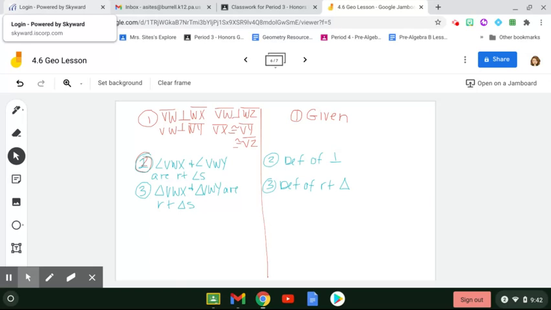Okay, so the next thing that I can say is based off of that information, I also know that I have a common length. I have this common length of VW in both of them. So by the reflexive property, I can make that statement.